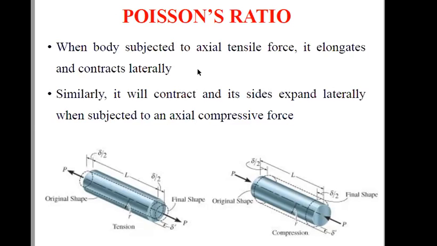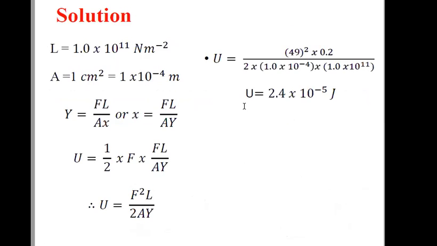Now let's think about this kind of situation. The answer was 2.4 into 10 power minus 5. Okay, the next topic.